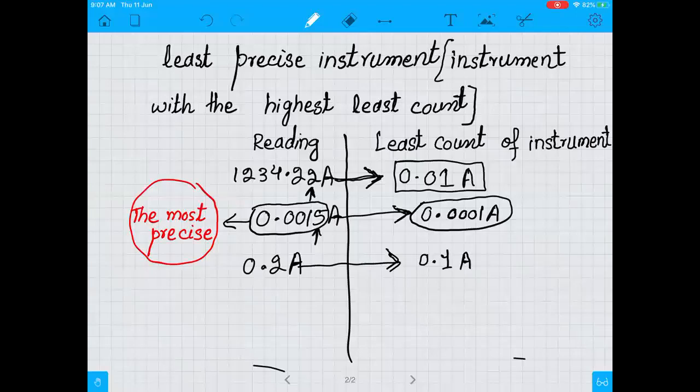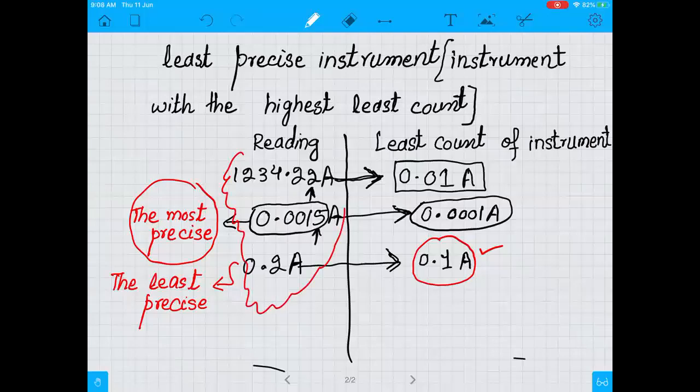On the other hand, the 0.2 ampere is taken from an instrument with a least count of 0.1 ampere. So this reading is the least precise reading. Now, if we add these three numbers, then the answer will follow the least precise one, that is 0.2 ampere. The answer cannot have more than one decimal.